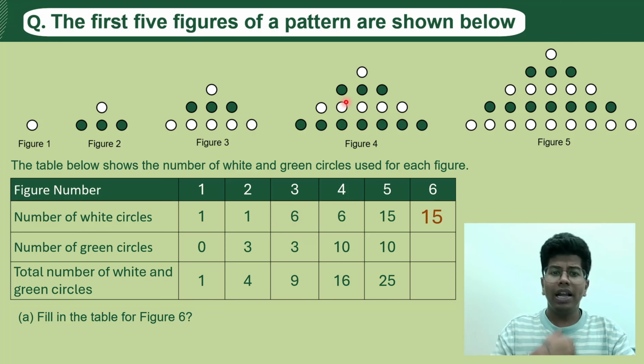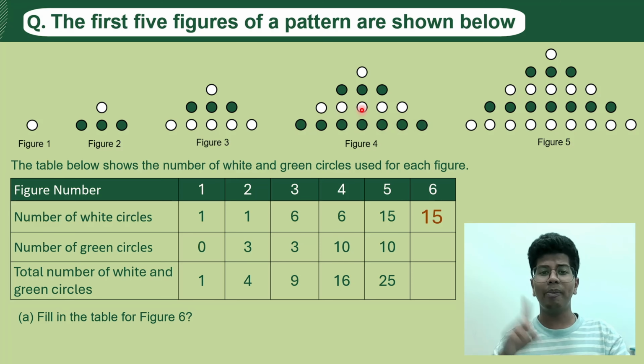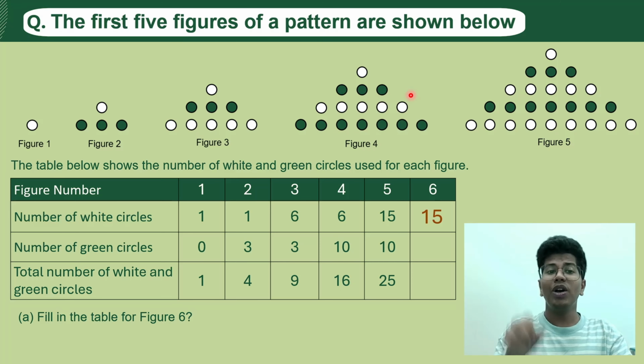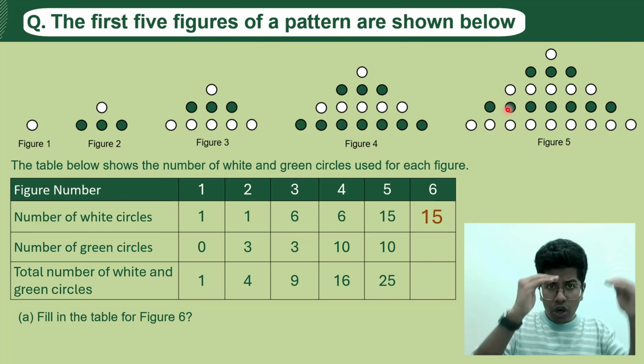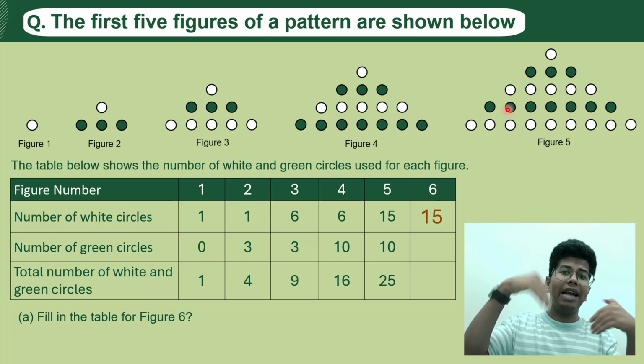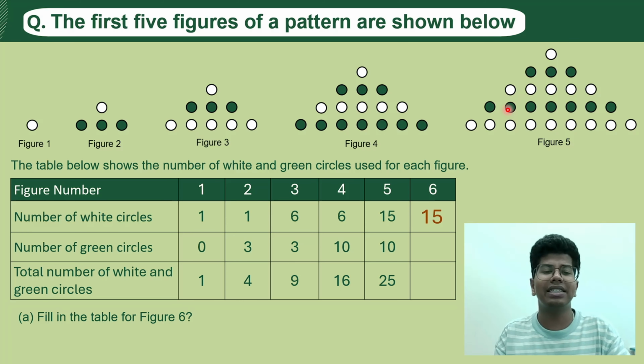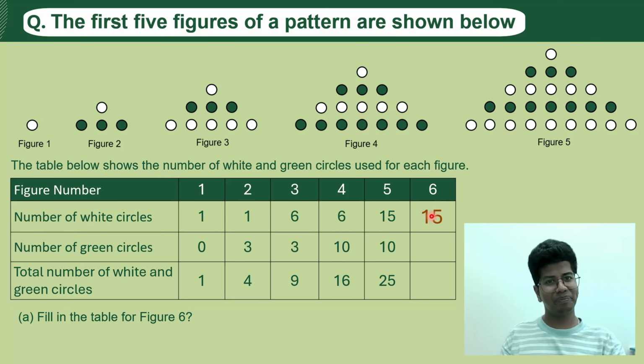In figure 4, the 4th row that is added is green, so the number of white circles remains the same. So in figure 5, a new row of white circles is added, and in figure 6, the new row that will be added is of a different color. So it won't change the white circles. That is the reason why the white circles remain the same.